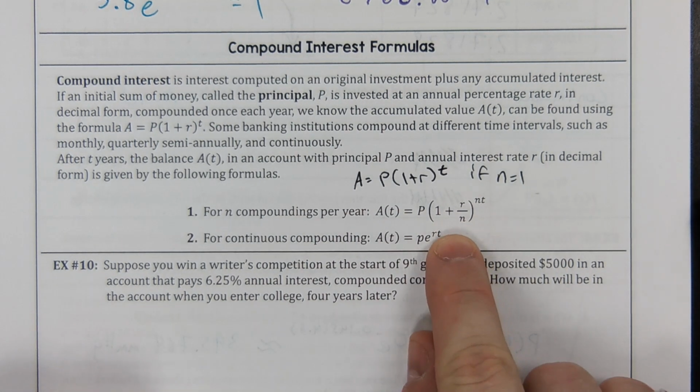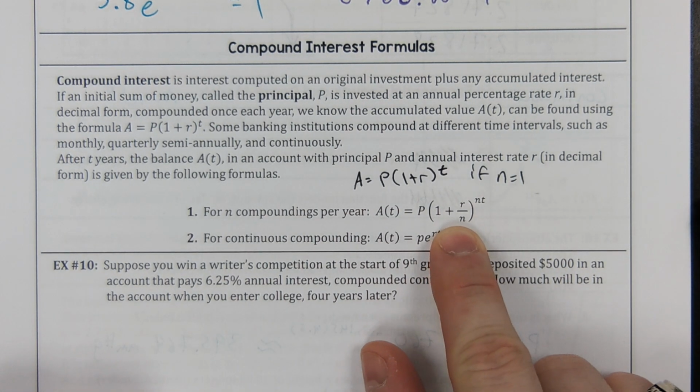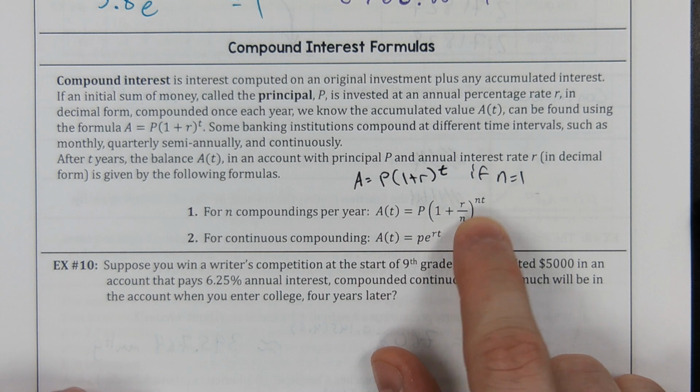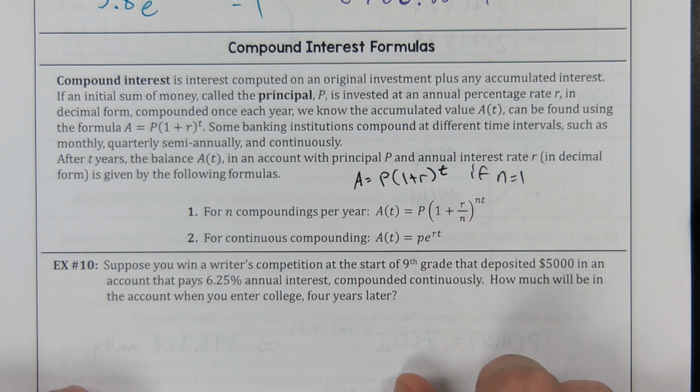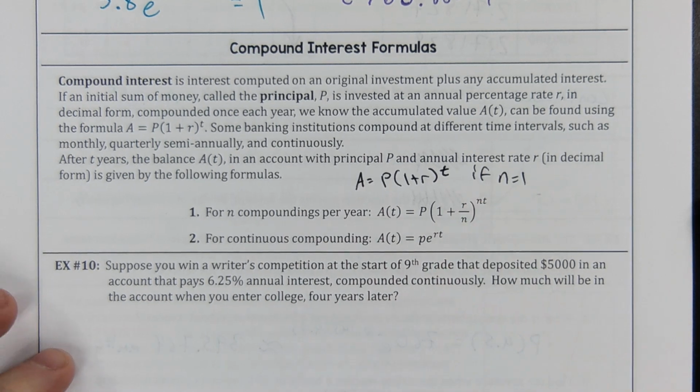Anyway, in this formula, n represents the number of times per year it compounds. So if it compounds monthly, n is 12, so you've got a 12 here and a 12 up here. If it compounds quarterly, n is 4. If it compounds weekly, n is 52. Daily, 365. Bi-weekly, 26.